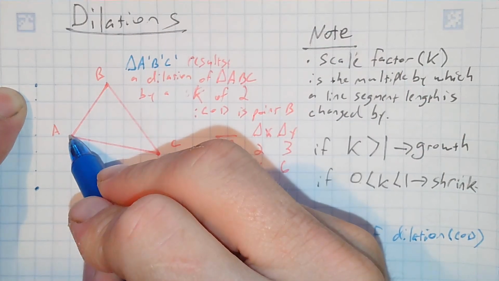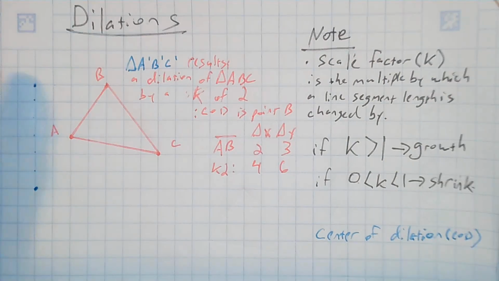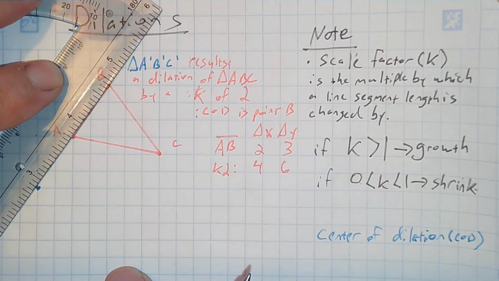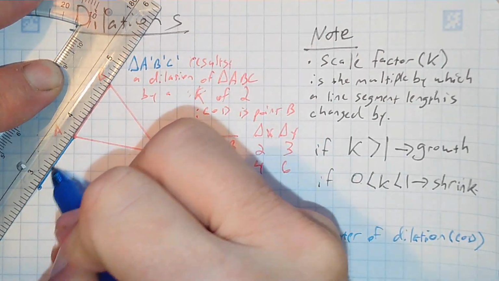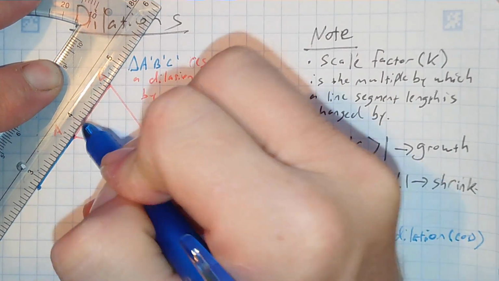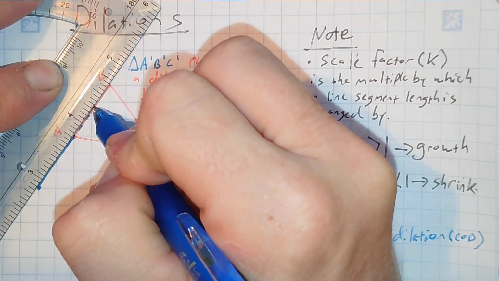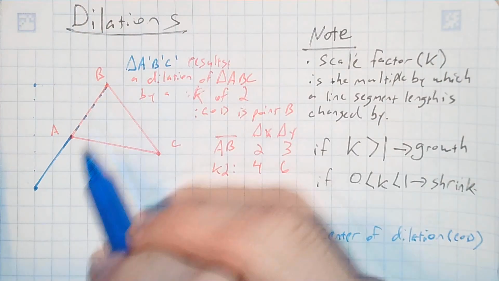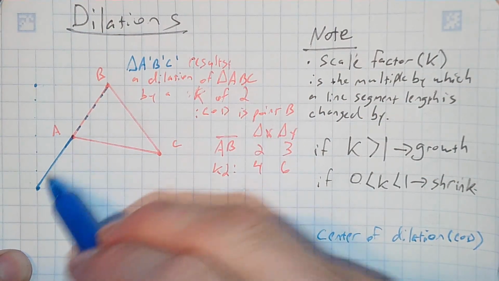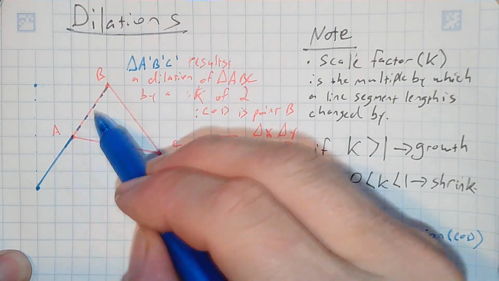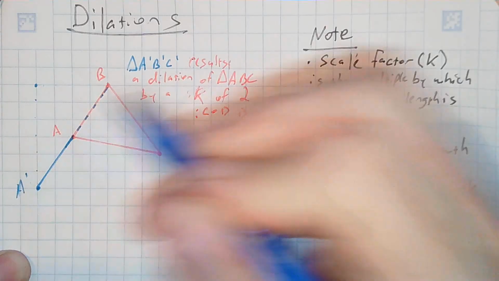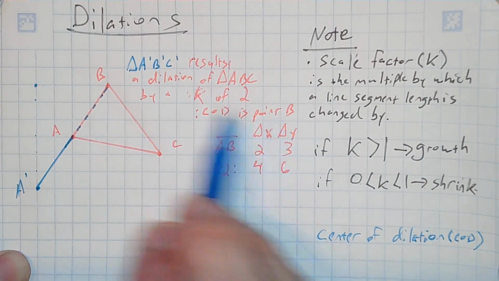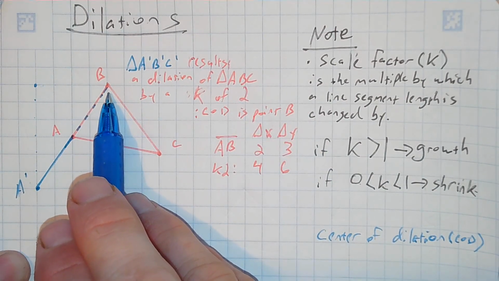Okay, and you notice that this is on the same line as AB. I just extended that, okay? And hey look, this line is the same as that line. It's double, right? So this is A prime because I'm growing it at a center of dilation of point B.